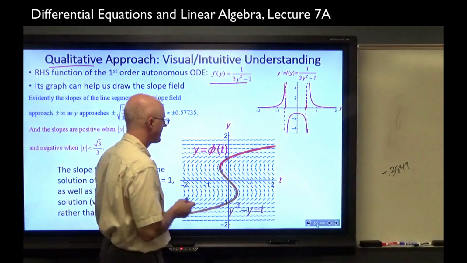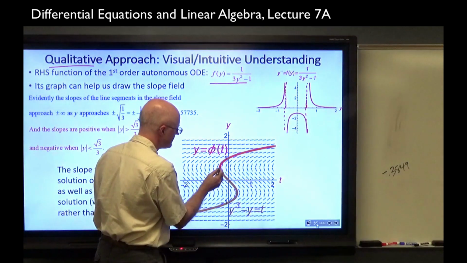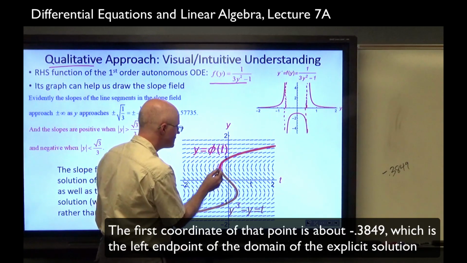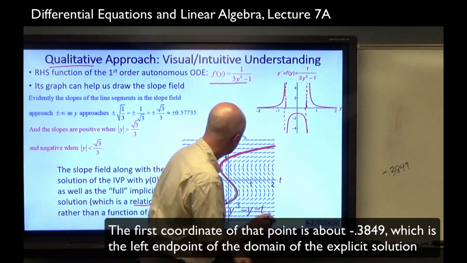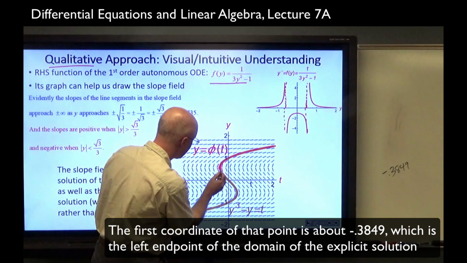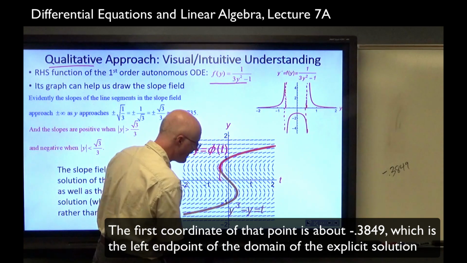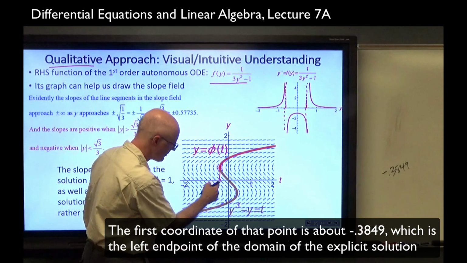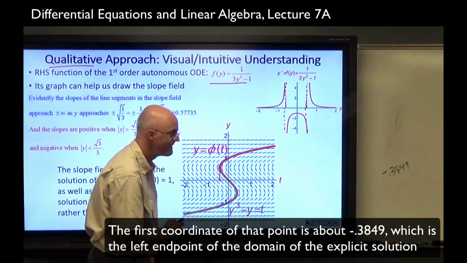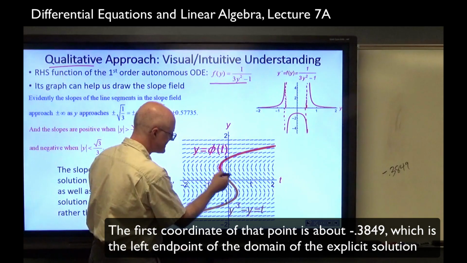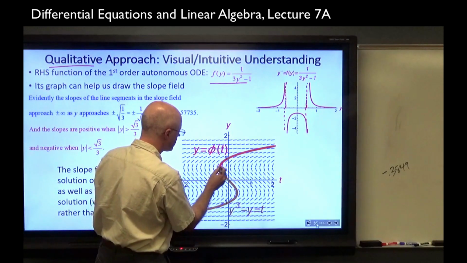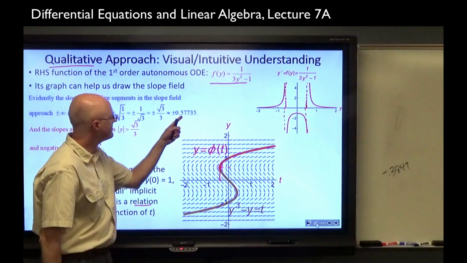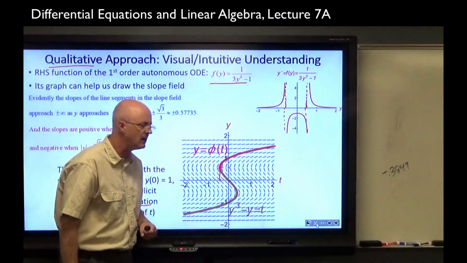And notice that evidently the left endpoint of this point right there, negative 0.3849, right about there. Right, there's negative 1 right there, negative 0.2, negative 0.4, we're pretty close to negative 0.4 there. And the second coordinate, that's the t coordinate of this, is positive 0.57735 approximately.